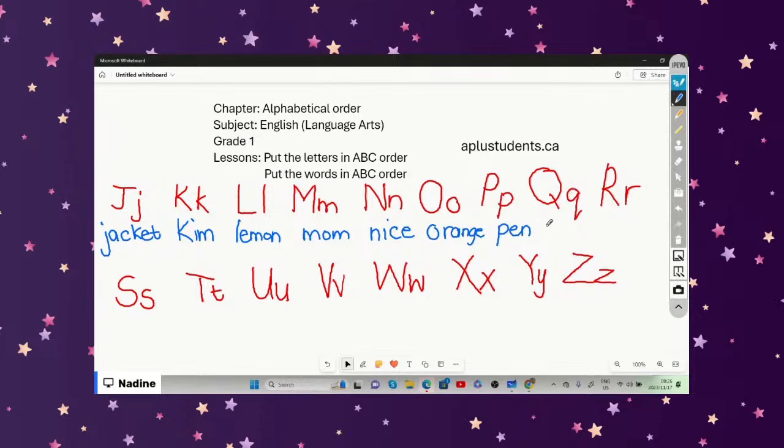Then we have Q for queen. And then we have R for, you can say, rice or raspberry. Raspberry. So far, that is the order from J to R with specific words that match the specific letters or pronunciations.